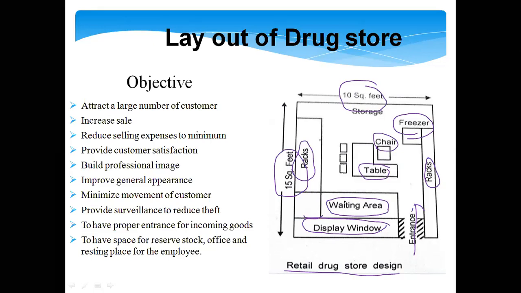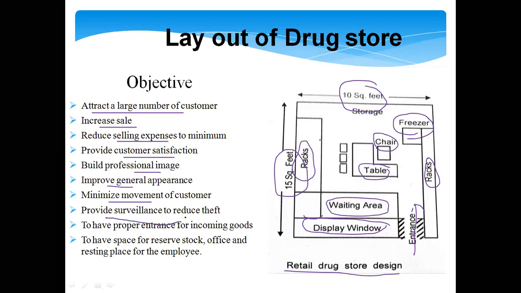In the layout of drugstore designs, the various objectives are to attract a large number of customers, increase the sale, reduce the selling expenses to a minimum, provide customer satisfaction, build up a professional image, improve the general appearance of the drugstore, and minimize the movement of customers. Means waiting areas should be minimum, so they do not move into other areas.